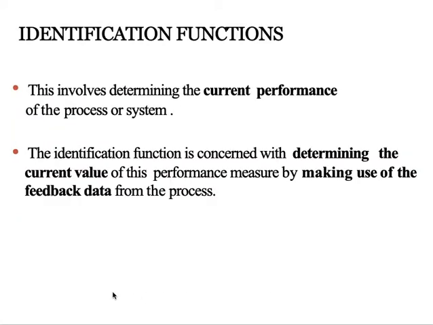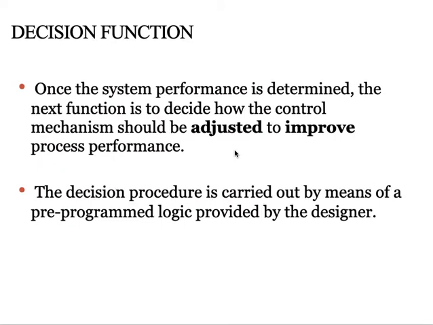Now the definitions of the functions. Identification involves determining the current performance of the process or system, and is concerned with determining the current value of this performance measure by making use of the feedback data from the process. For the decision function, once the system performance is determined, the next function is to decide how the control mechanism should be adjusted to improve the process performance.